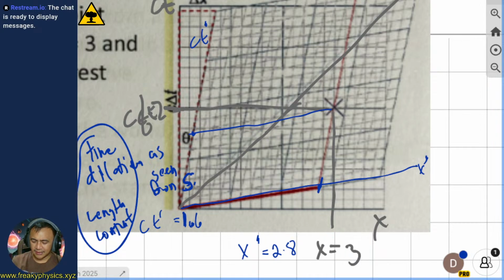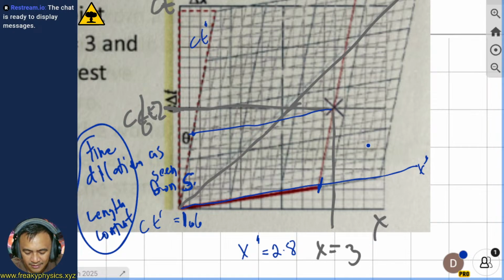In other words, it shortens, and the time shortens as well. You may be wondering, why did both shorten? Don't we always say one will increase, the other will decrease? I'll tell you why. Look at where our event is. Is it above or below the C equals V line?